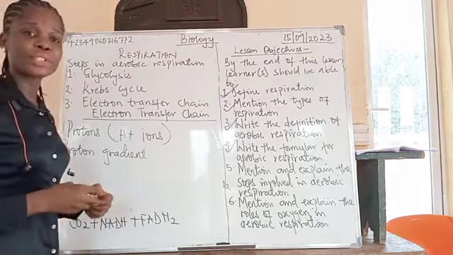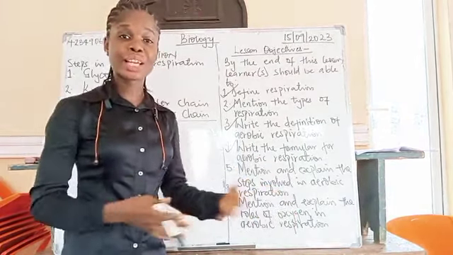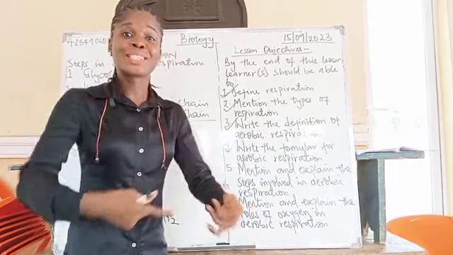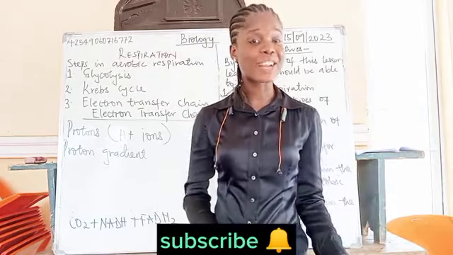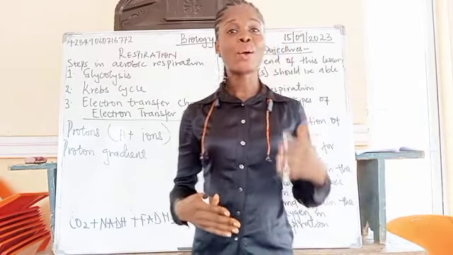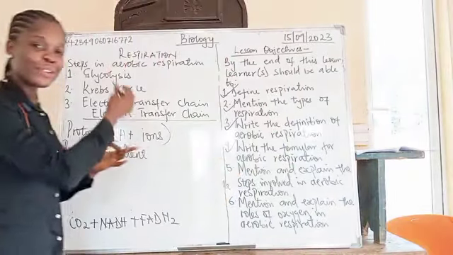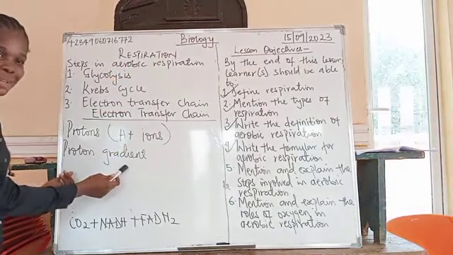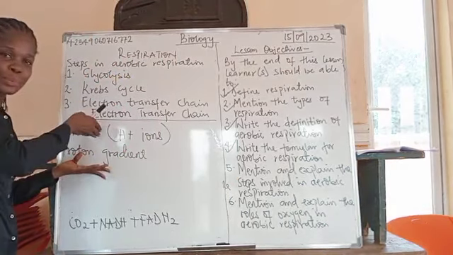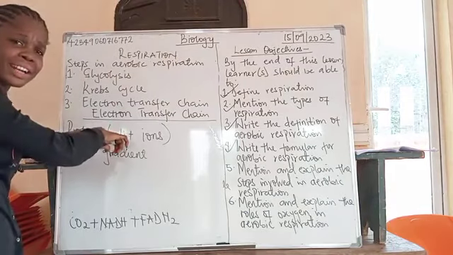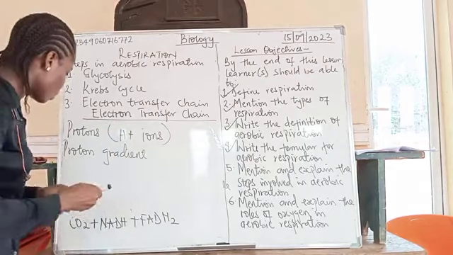Of course, we've treated previously in this class diffusion and osmosis, where we looked at concentration gradients. The same way we have concentration gradients, we also have pressure gradients. Apart from pressure gradient, we also have the temperature gradient. But for the process of respiration, we are looking at proton gradients, which is formed as a result of the pumping of the protons. Once a proton gradient is created, the ATP synthase begins work.